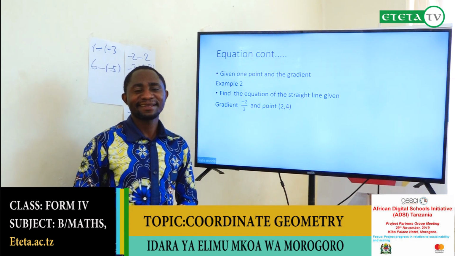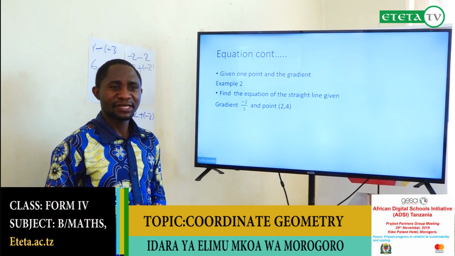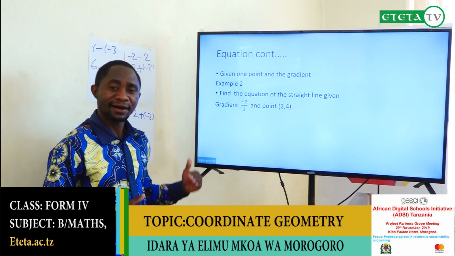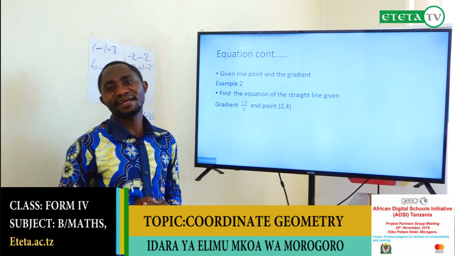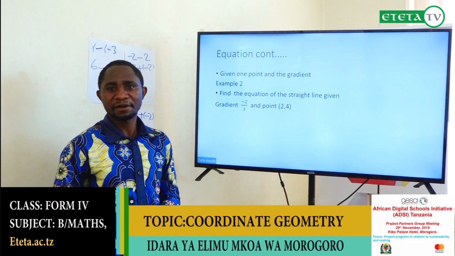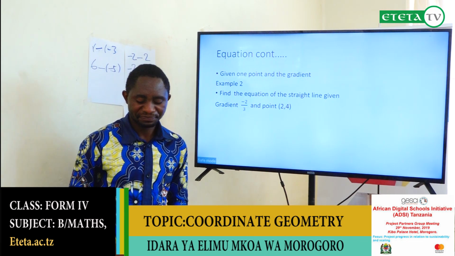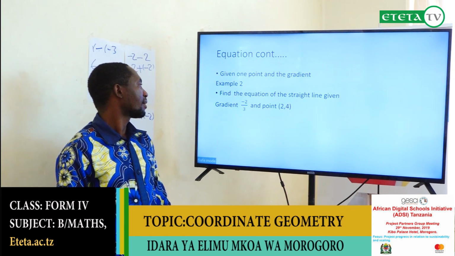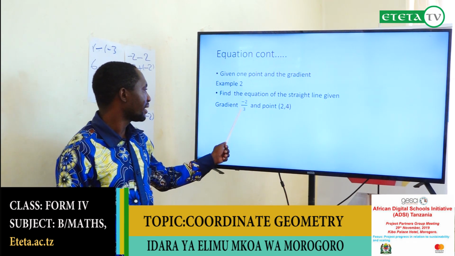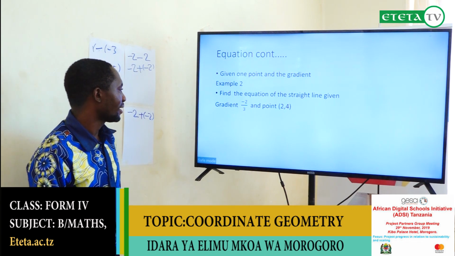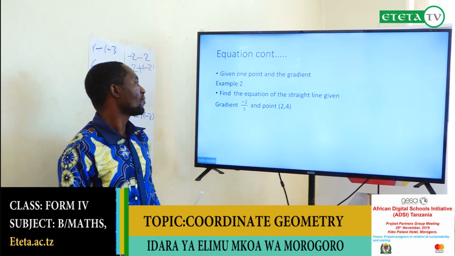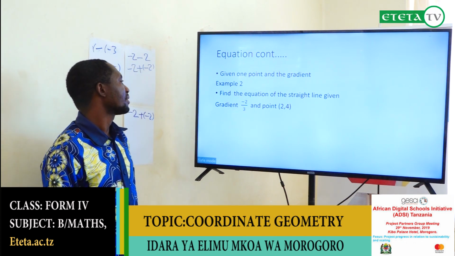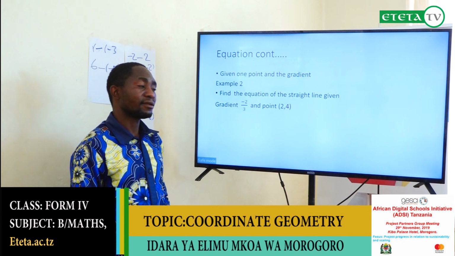Now perhaps your idea is not far from the solution that I have prepared for you. Now we are given a point and the gradient. As usual, we first analyze the data given.